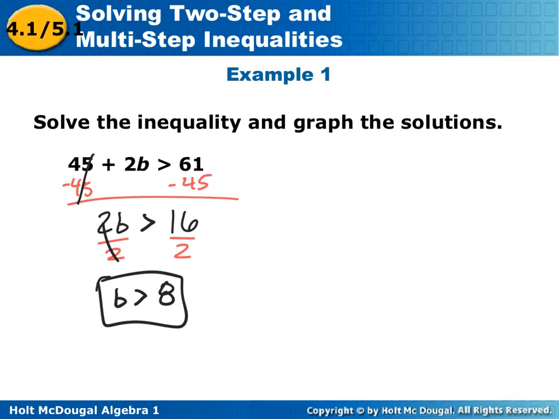So to graph an inequality, you need what looks like a number line. Okay? It is a number line, but we're going to make it a little bit different. Okay? Now, how it works and how I'm going to have you do it in class. Okay? Unless I give it to you and create it for you, when you create your own, you're going to have to create it by using what they told you and what you solved for.